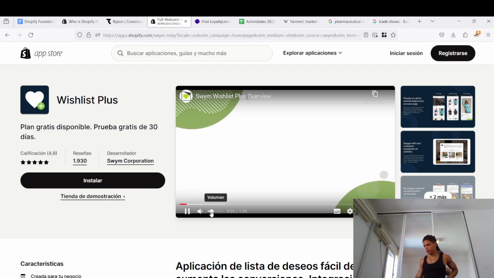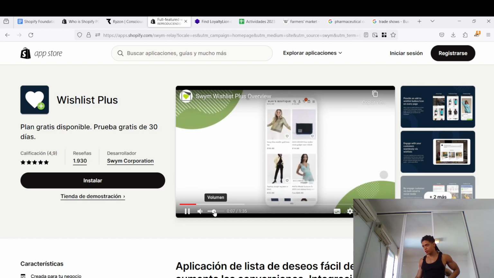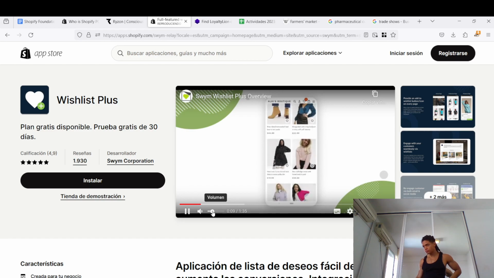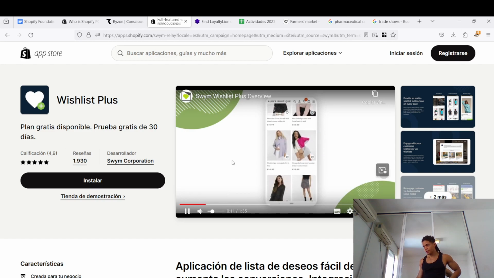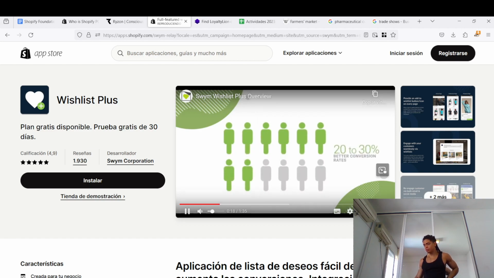Very few shoppers purchase on their first visit to your store. Enable shoppers to bookmark their favorite products using Wishlist Plus, making it easy for them to pick up where they left off. Wishlist Plus users spend a lot more. Their conversion rates are 20 to 30% higher.